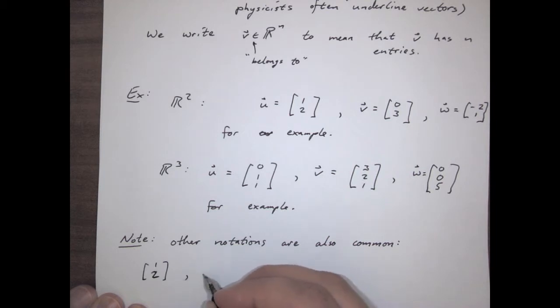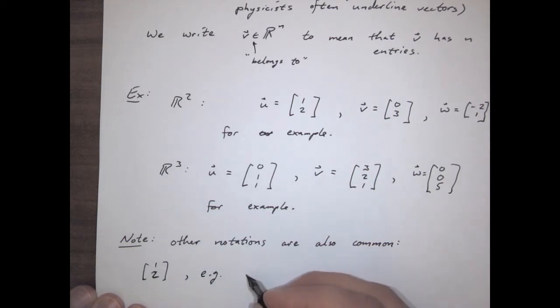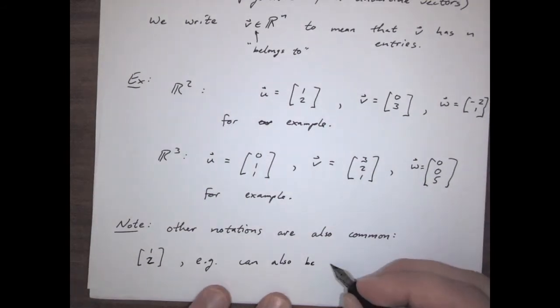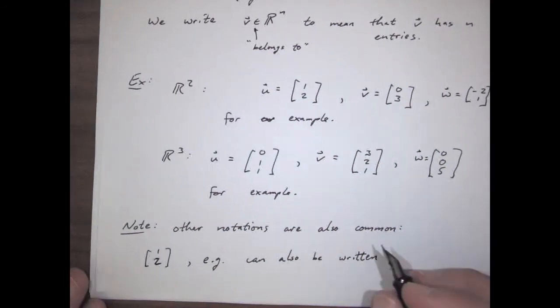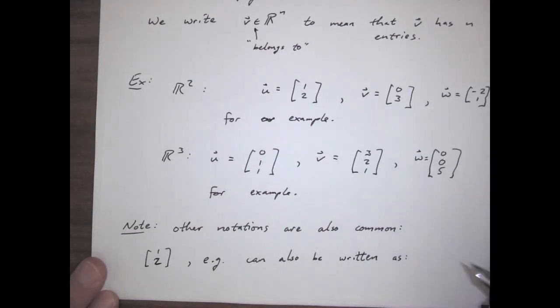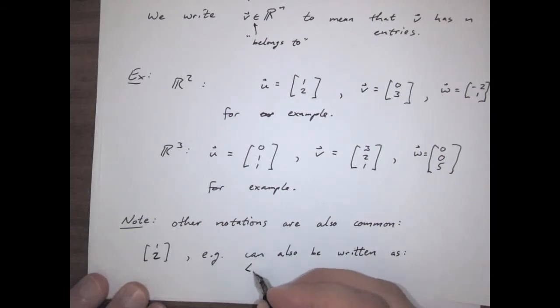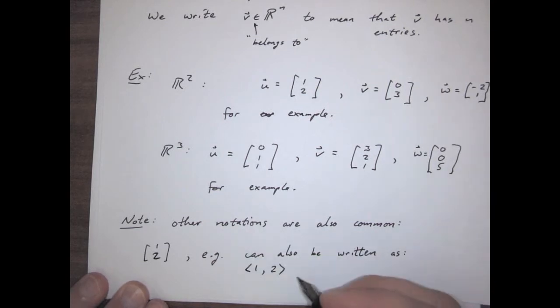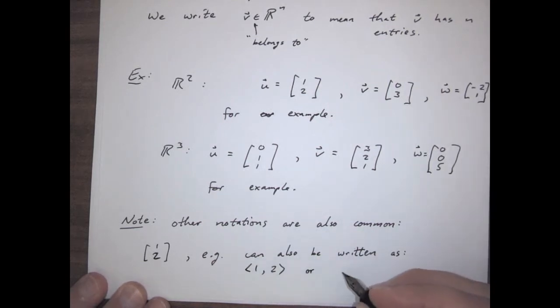This can also be written in other ways. One common way of writing it would be with angle brackets, 1, 2, or another way of writing it would be using the i's and j's. So 1i plus 2j, for example.